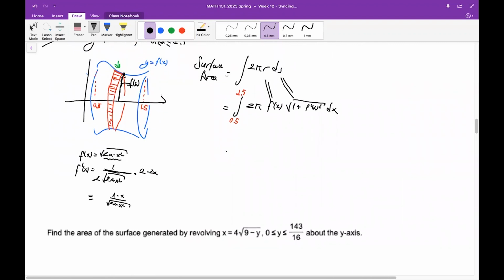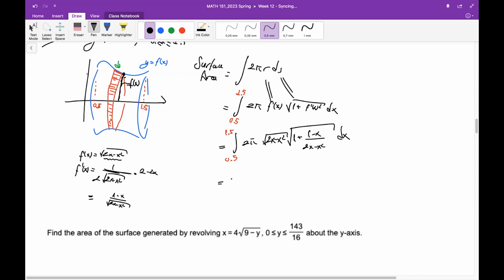Let's turn back to our integral computation. So from 0.5 to 1.5, what we have is 2 pi, just write here f of x, square root of 2x minus x squared, and here insert the square of what you find here: square root of 1 plus 1 minus x over square root of 2x minus x squared, dx, okay? This is what we have.